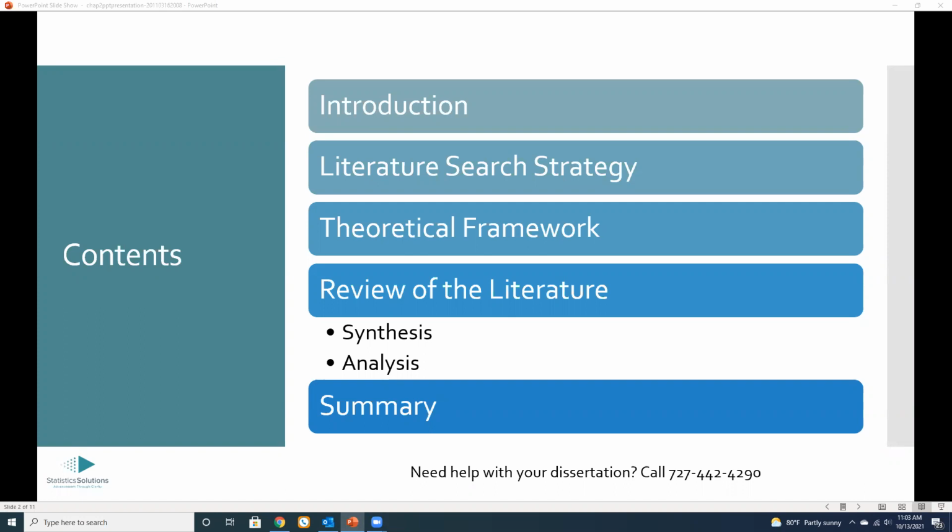So it does help to provide some context. But the ultimate purpose of the lit review is not only to show what's been done, but it serves as a kind of argument, or it supports the argument for your research problem.